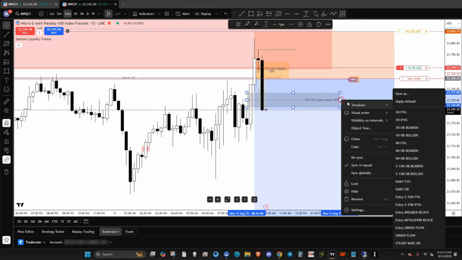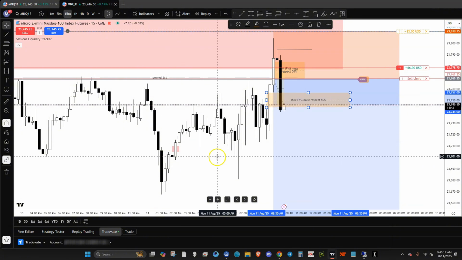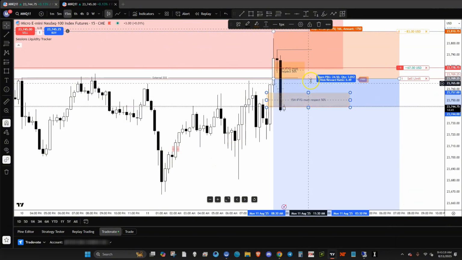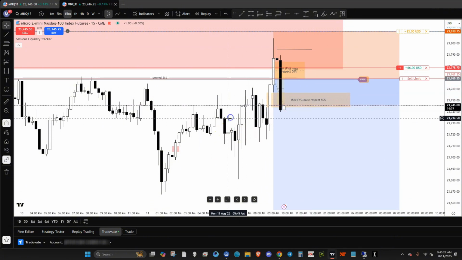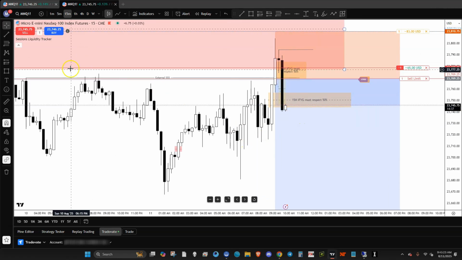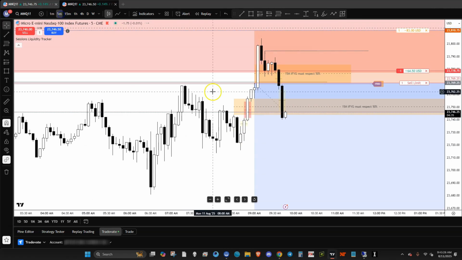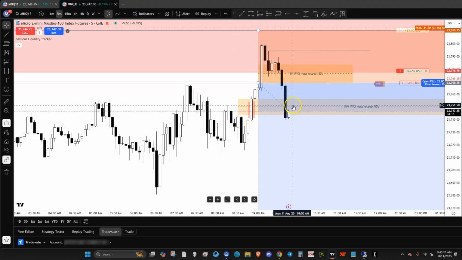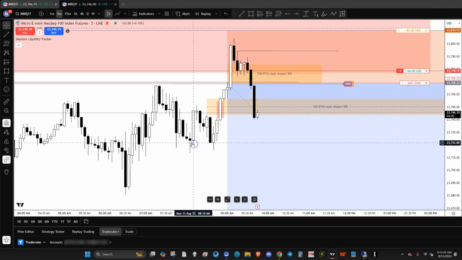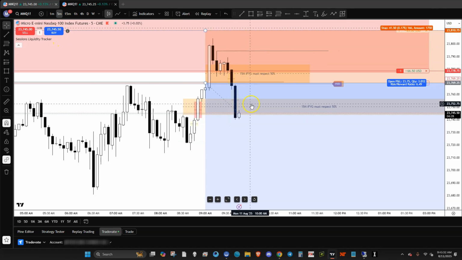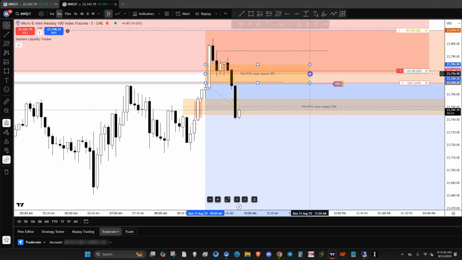But we're gonna see if this is also an inverted fair value gap. Hopefully we come all the way up here. And if we don't, then we're gonna see if we can get more orders in. But we'll see what happens. I need to wait for a fair value gap.